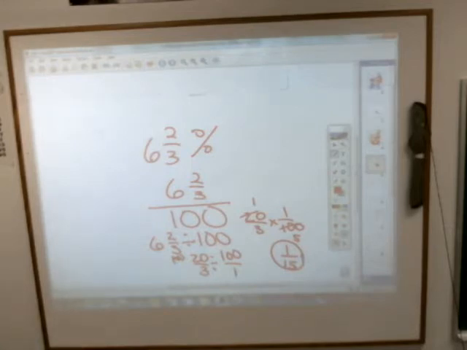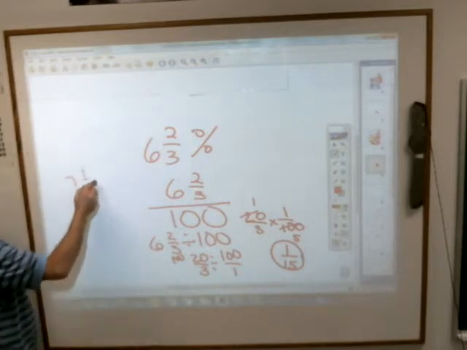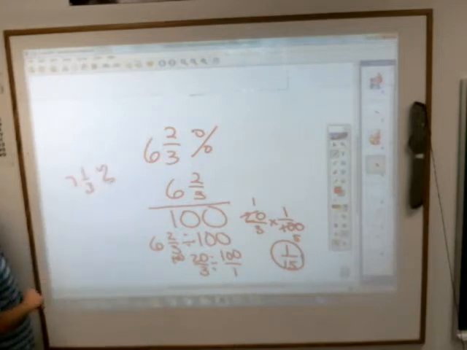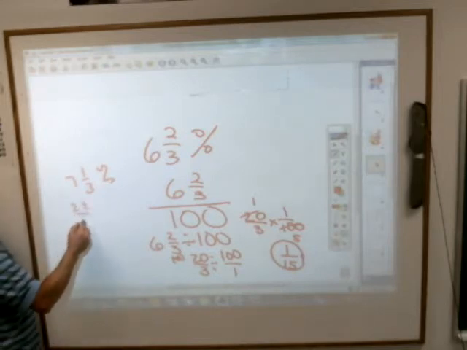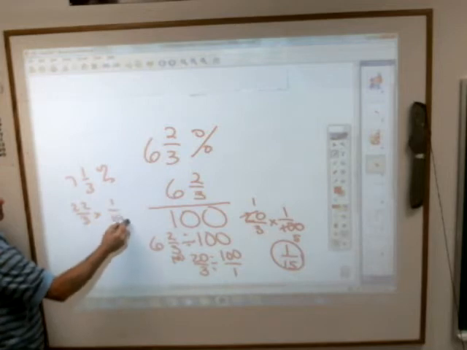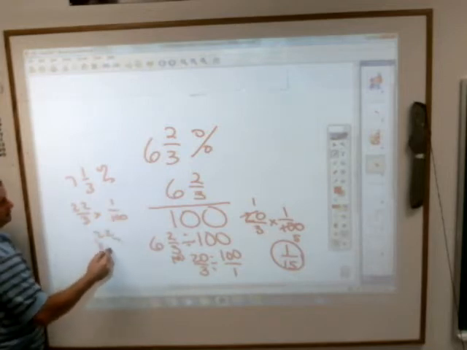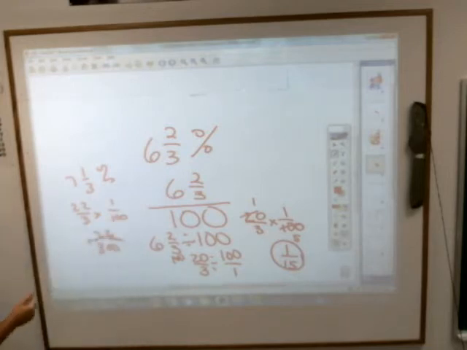If it was like 7 1/3% and you wanted to figure out what fraction that really was, it's 22 over 3 times 1 over 100. 22 300ths would be the fractional equivalent. Doesn't reduce at all.